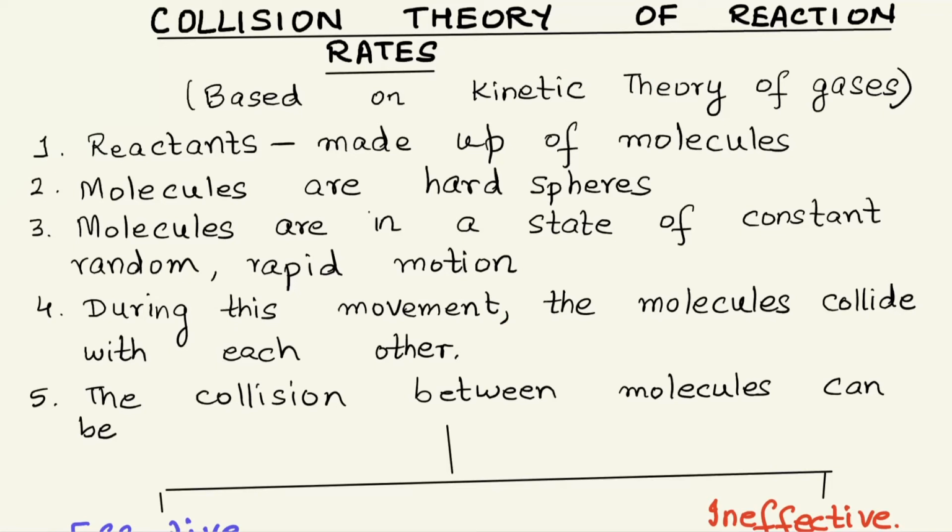And in the process, these molecules collide with other molecules. So if let's suppose I have a molecule over here, then the molecules are going in a rapid random motion. So the two particles will collide with each other.